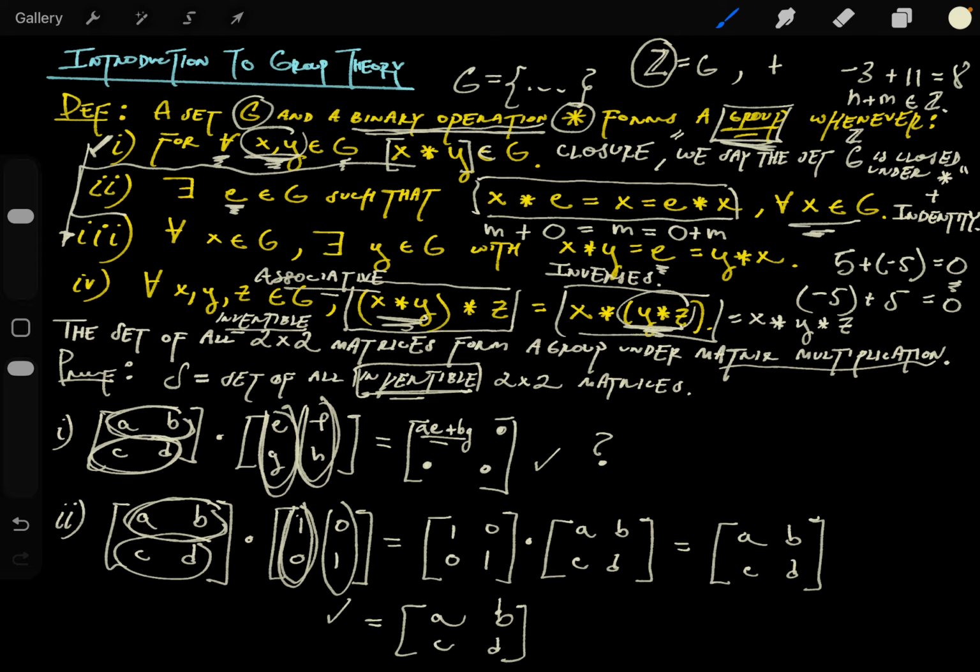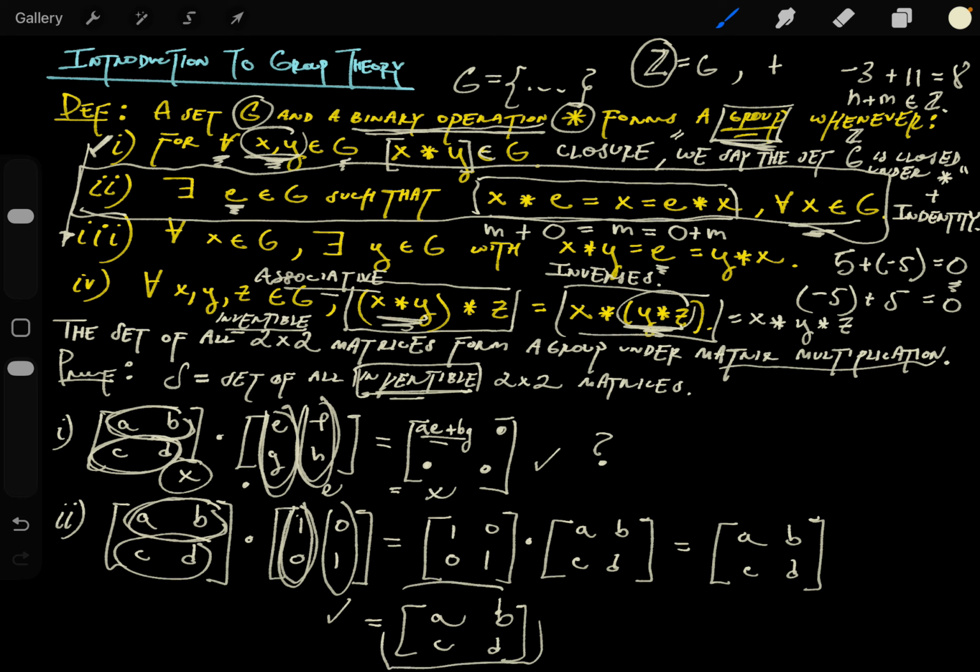This is 2, right? Match what I just did with this definition here. There exists an identity, so look, this takes the role of E, this is X, this was any invertible or any matrix really, and I got back X, I got back the original matrix. And you can show this the other way, right.